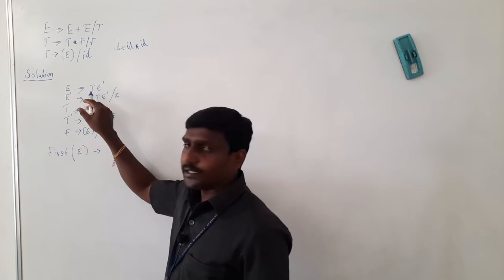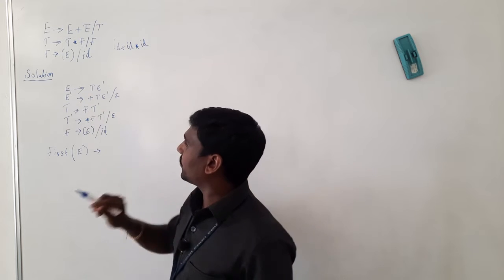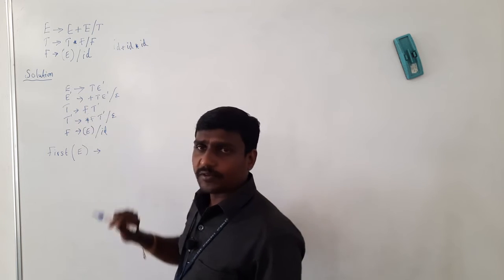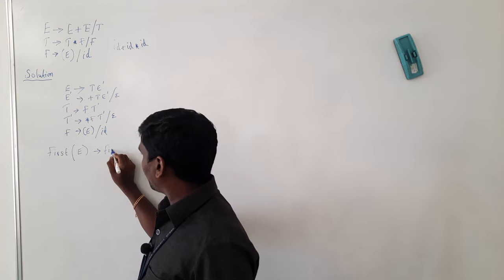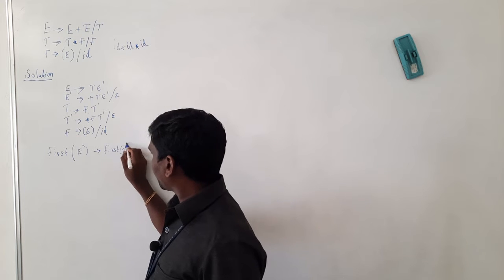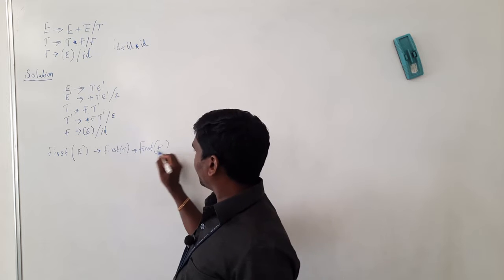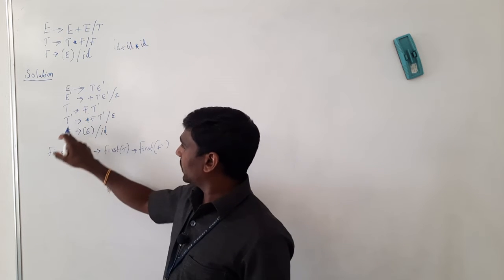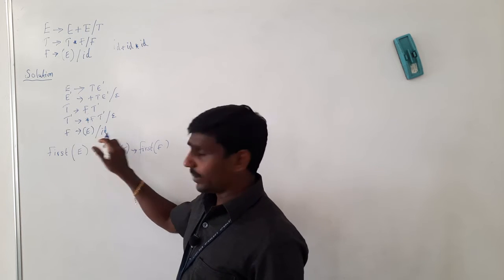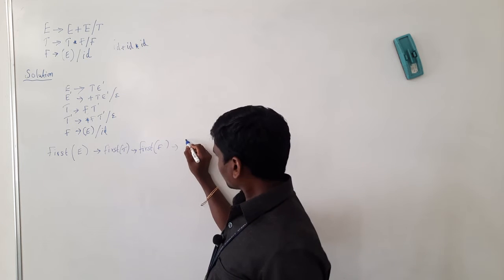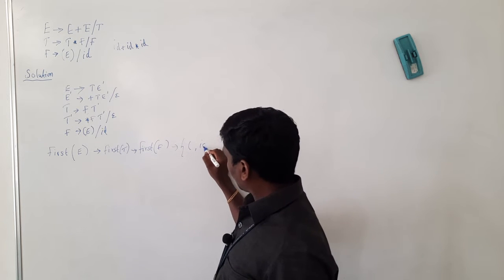Now E tends to T, T is a variable. So first of E is first of T, that is also a variable, first of F. What is the first of F? Open brace and ID, that is open brace comma ID.